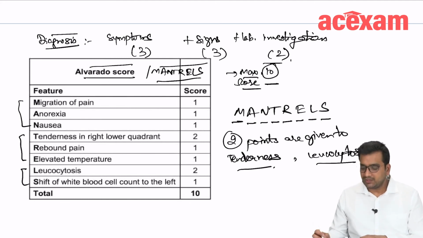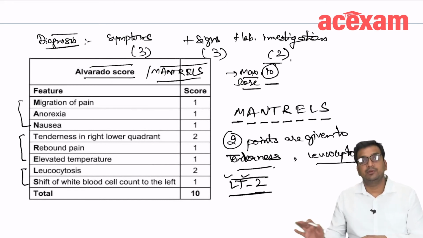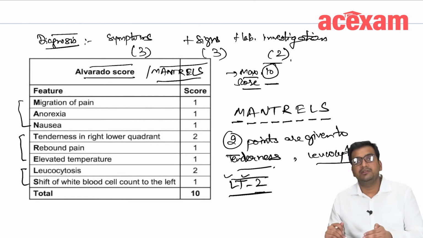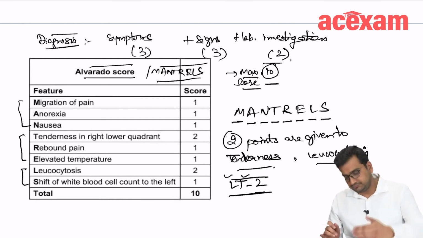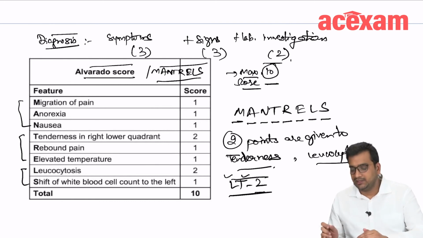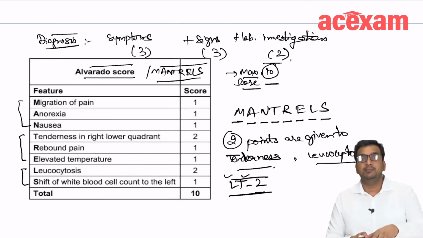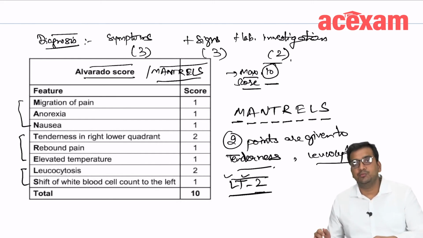To remember, there is a very famous mnemonic, LT2: leukocytosis and tenderness, and 2 points are given to them. That is why the maximum score is 10. Recently, I asked one of my students which 2 factors get 2 points, and she said leukocytosis and temperature, based on this mnemonic.